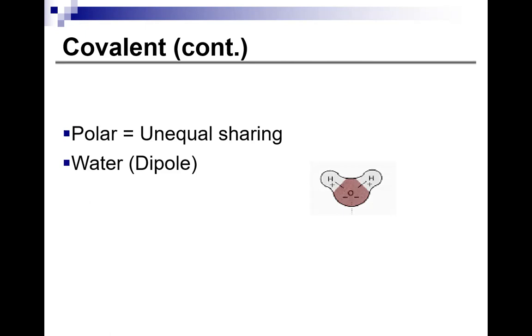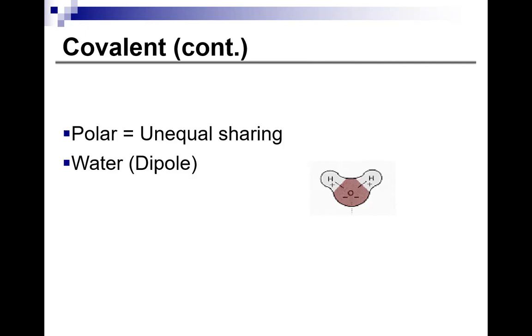So polar covalent bonding is when you have unequal sharing. One good example of this would be water. When you see water here, oxygen is very electronegative compared to hydrogen. So when oxygen and hydrogen come in close proximity, they're going to overlap their orbitals and share some electrons.